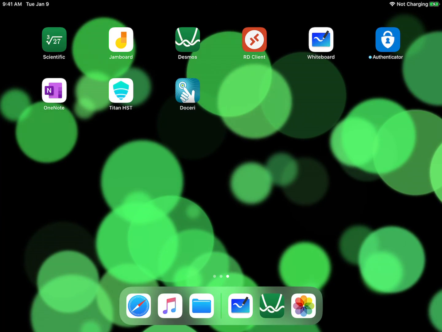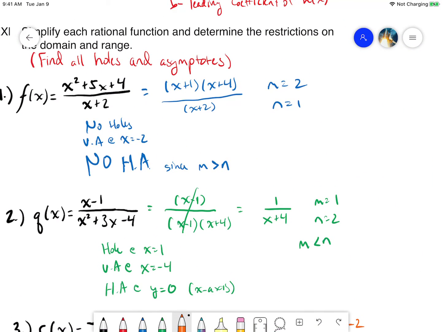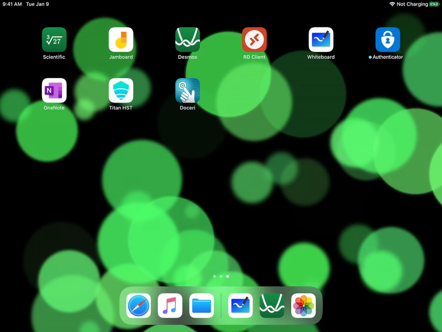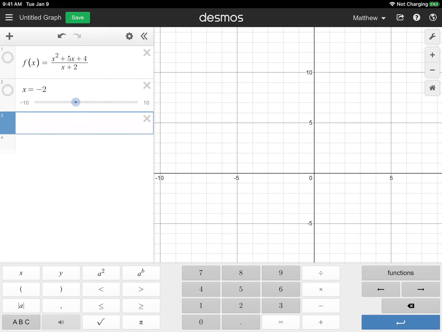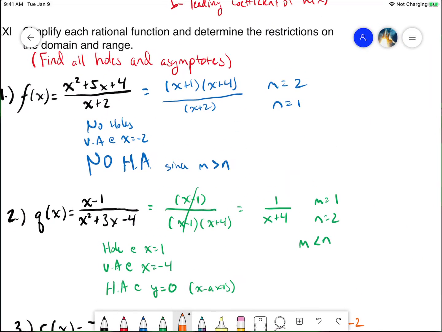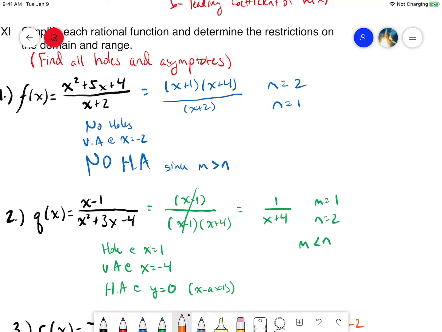The second one is x minus 1 over x squared plus 3x minus 4. We have e of x equals x minus 1 over x squared plus 3x minus 4.